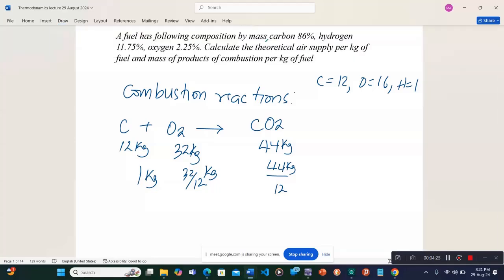So what is the mass of carbon? The mass of carbon is 0.86 kilograms.